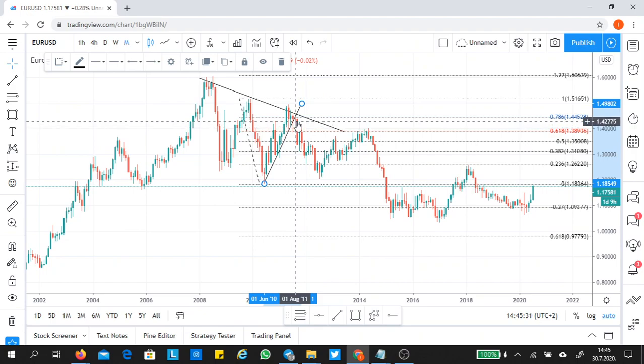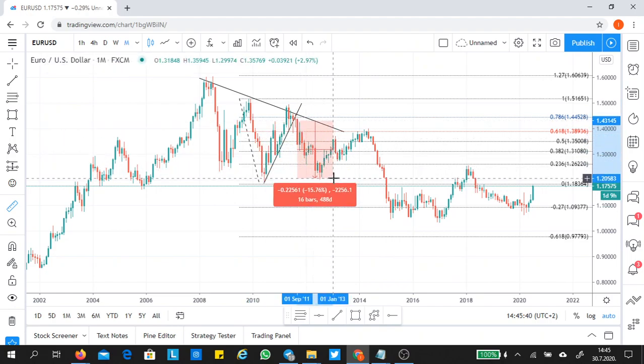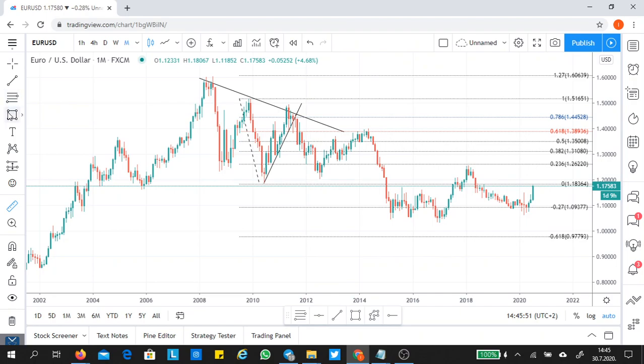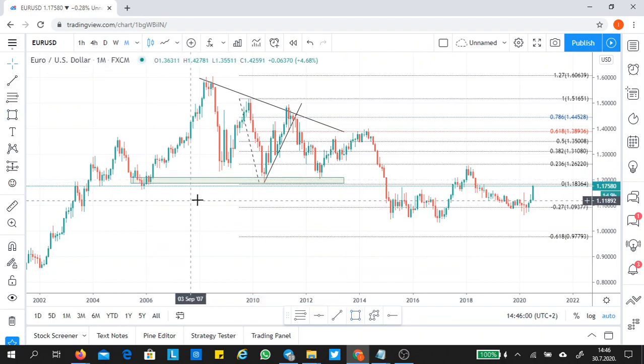And also here we have an opportunity to earn potentially 2,200 pips, something like that. So where did the price stop? At the previous lows. The previous lows was the structure where price stopped.